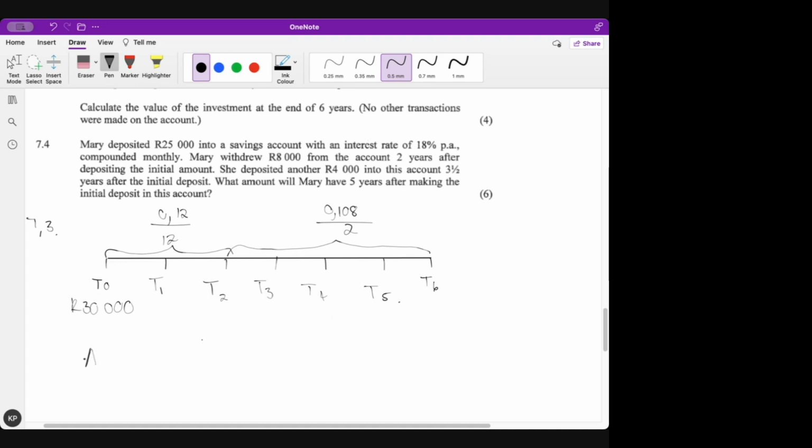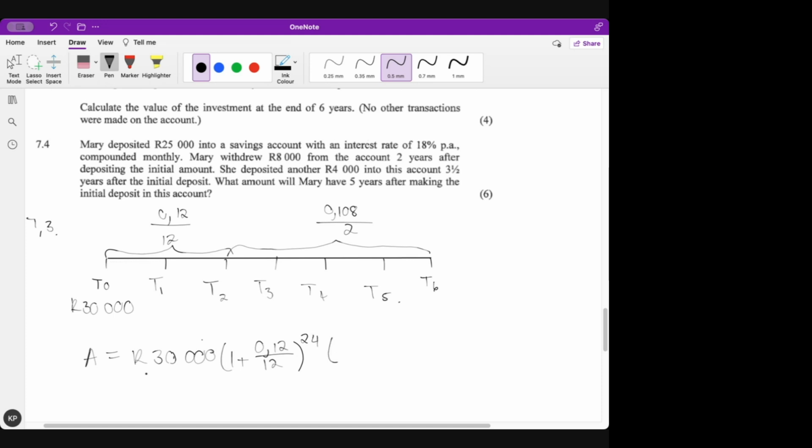So our accumulated amount will be my initial 30,000 at 12% per annum compounded monthly. And how many months do we have in the first 2 years? That will be 24. Nice.